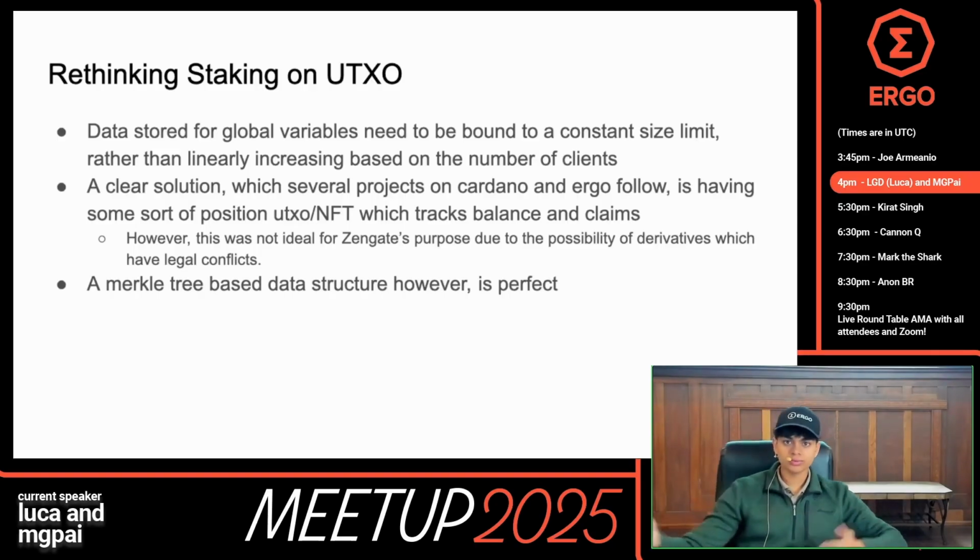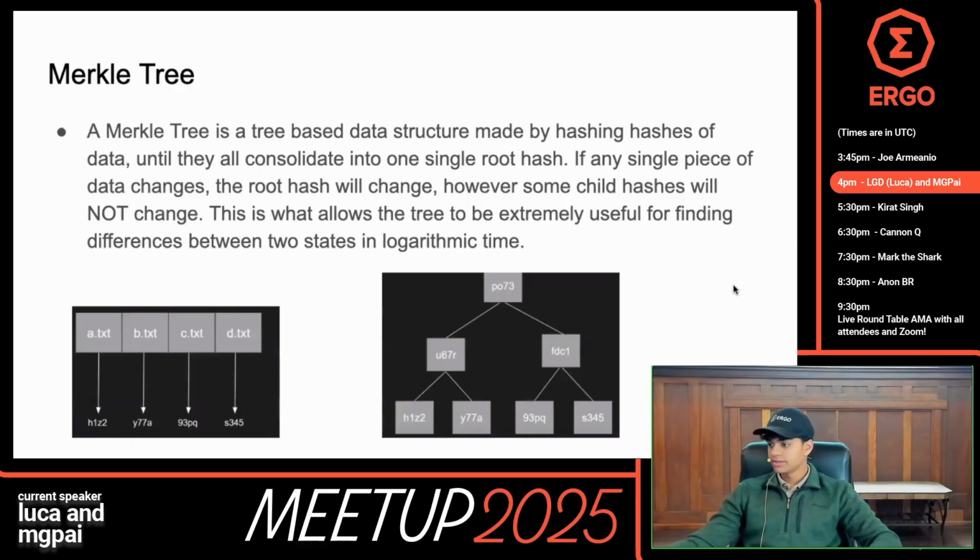So let's see what a Merkle tree is, because I honestly barely knew about it until I did this. All right, so a Merkle tree is a tree-based data structure, and a tree-based data structure you can really think of as having a root at the top, and it has branches pointing to more nodes, right? You can see that data structure in the diagram behind me.